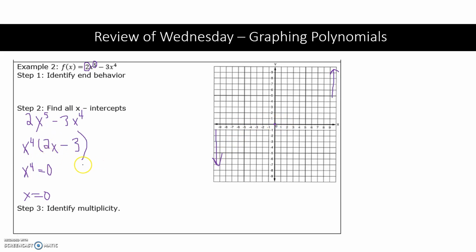And then I'm going to set my next factor, 2x minus 3 equal to 0. So that means x is going to be 3/2 or 1.5, because we know 3 divided by 2 is 1.5. So I'm going to put a dot at 1.5 right here.